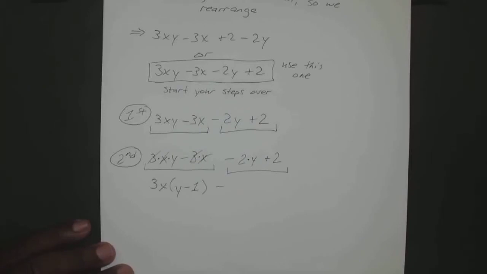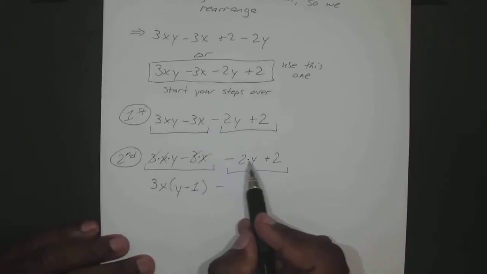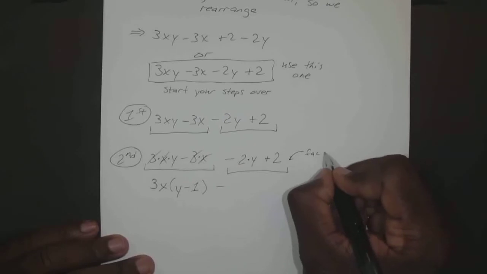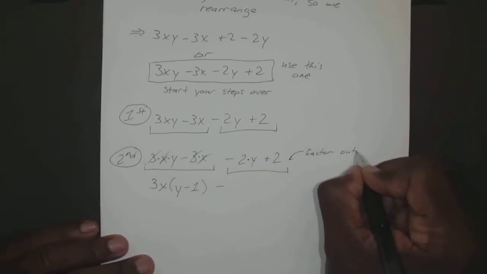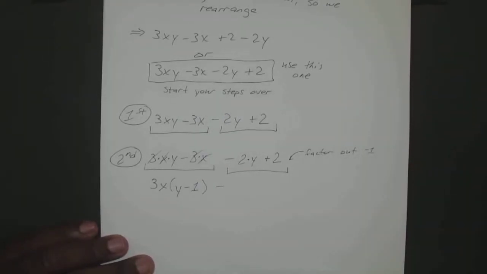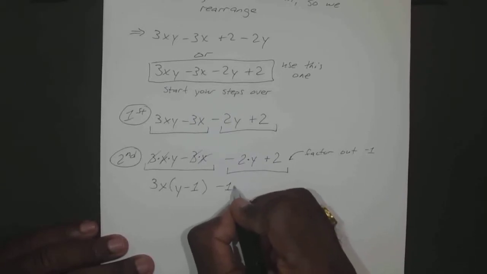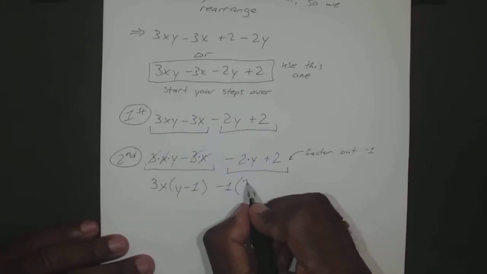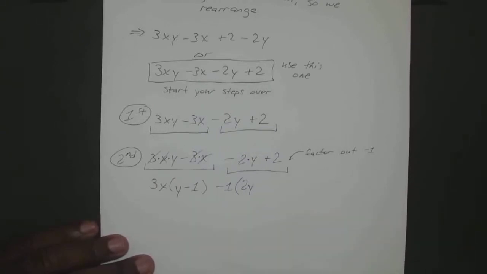Okay. Now with this one, and this is why you want to be careful, mostly because of the minus in the middle. If you factor out a negative 1 from both of these terms, if you factor out a negative 1 here, that makes that positive 2y.